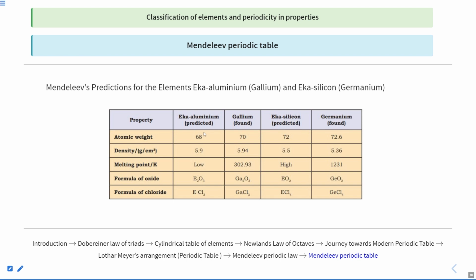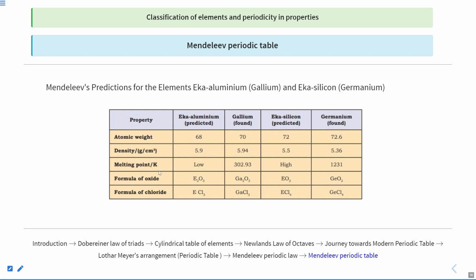He predicted the atomic weight of eka aluminum as 68, which was found to be 70. He predicted density to be 5.9, which was found to be 5.94. The melting point was a difficulty. He predicted it very low. Of course there are some limitations, but still he got a very close approximation for the other properties.